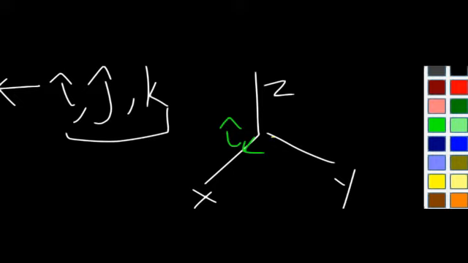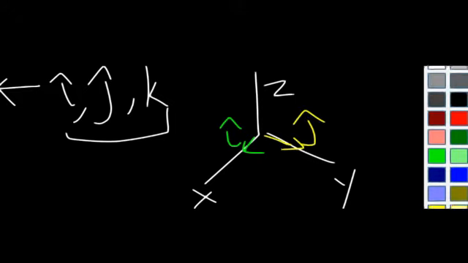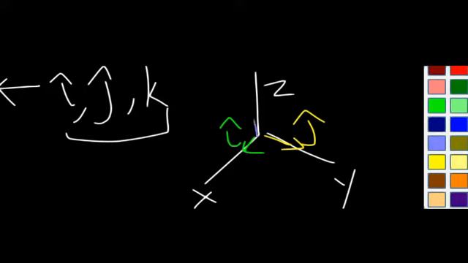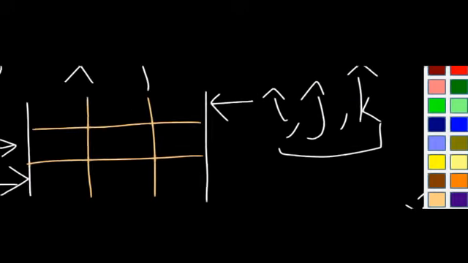Same goes with j hat. You move one unit in the y axis only, that's j hat. And k hat is you move one unit in the z axis, that's k hat.